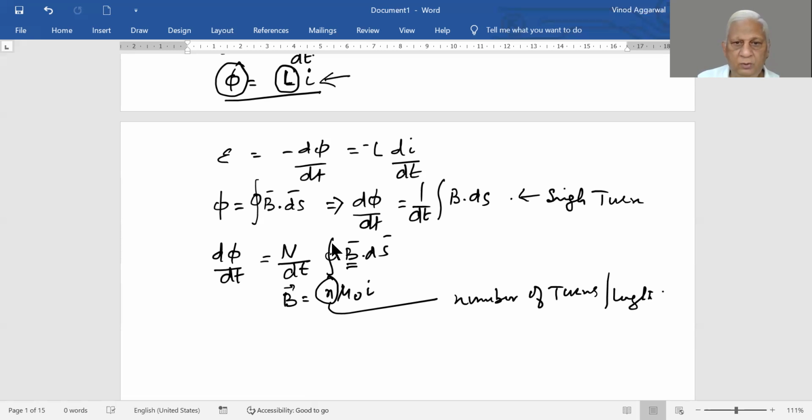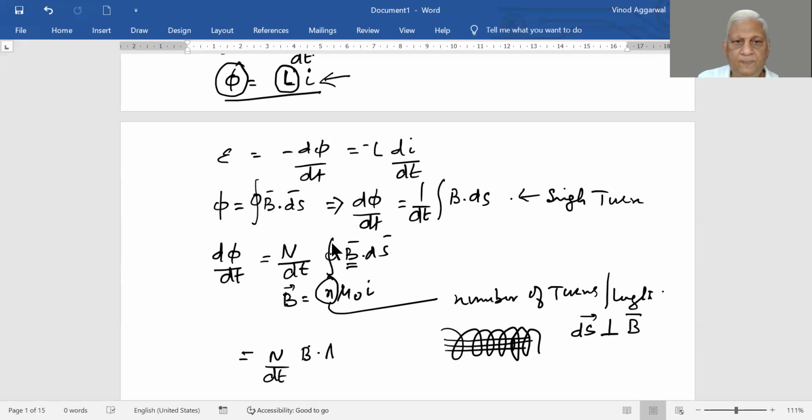We also know that in a solenoid, if this is the loop surface, dS is always perpendicular to B. So our d phi by dt becomes B, which is constant all along, into area.